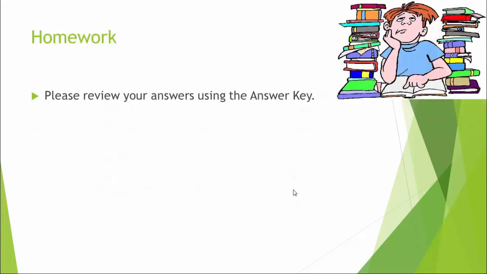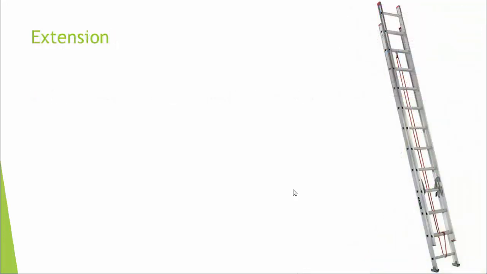Okay, so for your homework, please work through as many of those problems as you feel you need to, and check your answers using the answer key. Now for fun, you probably remember quite well our discussion about IP addresses.